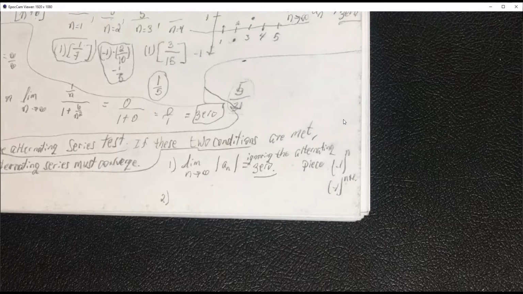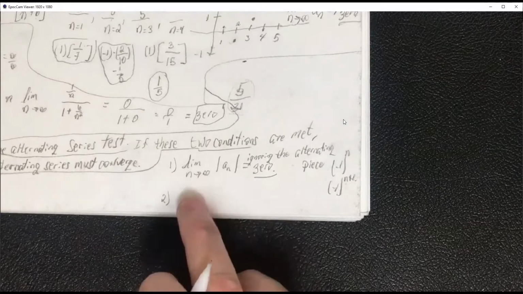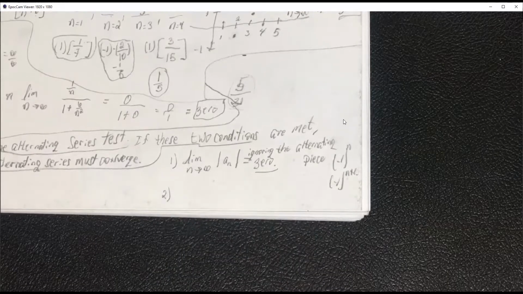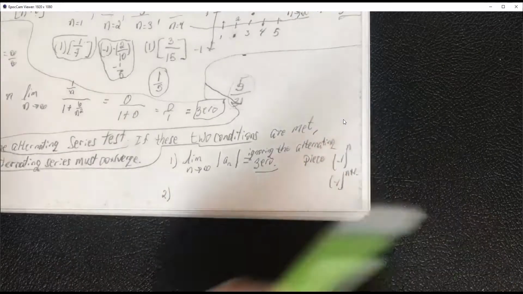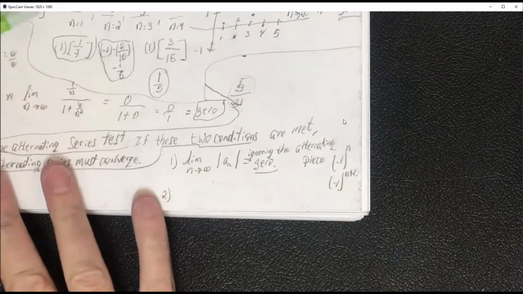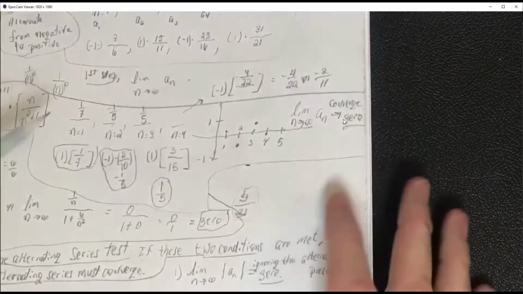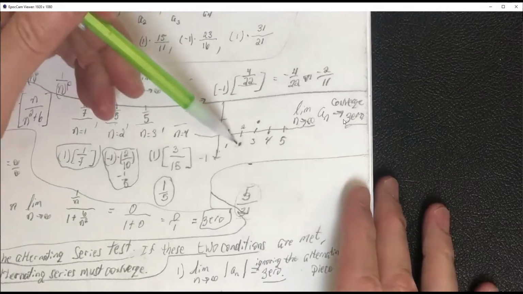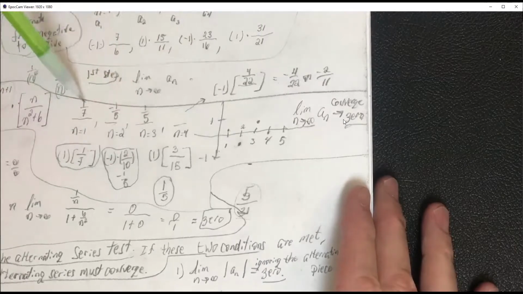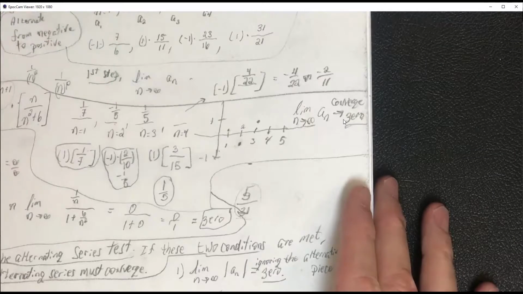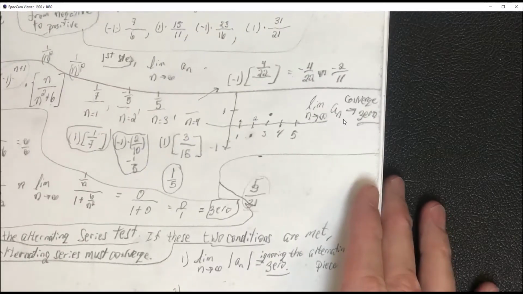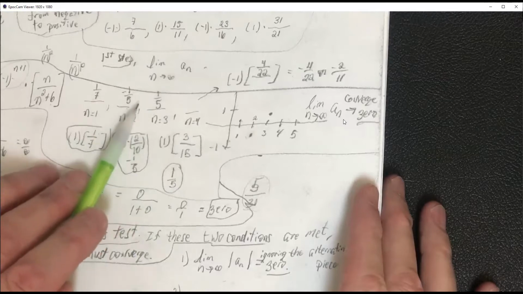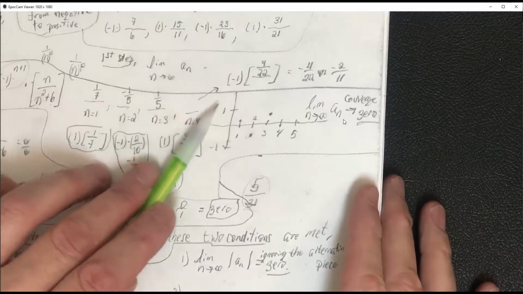Okay. What's the second step then, which is really the only new thing you have to do? Let me say it in words: when you take away the negative and positiveness of it, these terms have to be getting smaller and smaller and smaller.